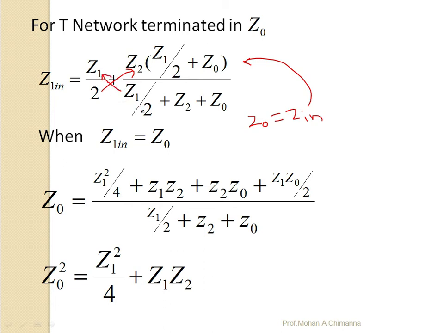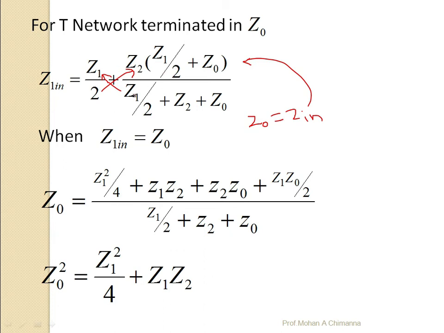Then Z1 square upon 4 plus Z1 Z2 plus Z1 Z0, Z1 Z0 plus Z2 upon Z0 and Z1 upon 2 plus 2Z2 plus Z0. So take the cross multiplication to here.